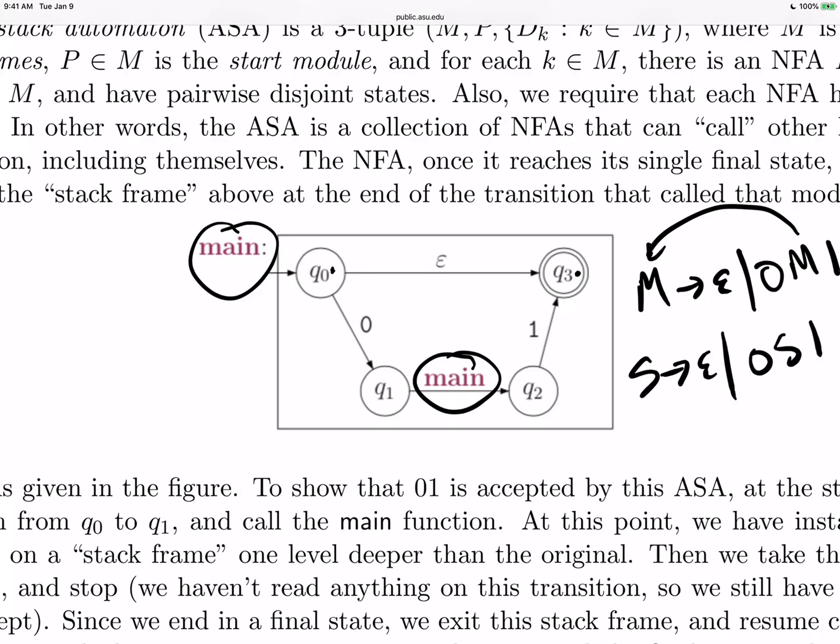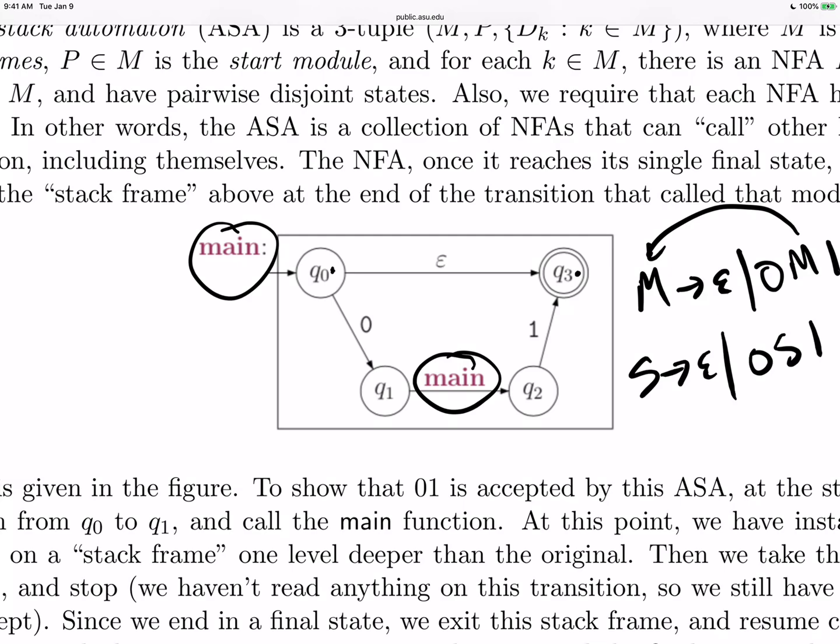The main transition from Q1 to Q2 is basically we're going to call the module, as it's called, the main module again. So if I take that transition from Q0 to Q1, then on a new stack frame, as it's called, I'm going to restart another version of that same machine.